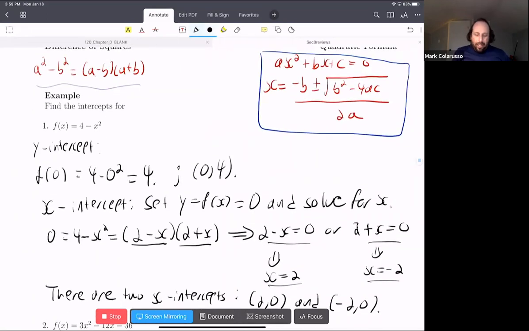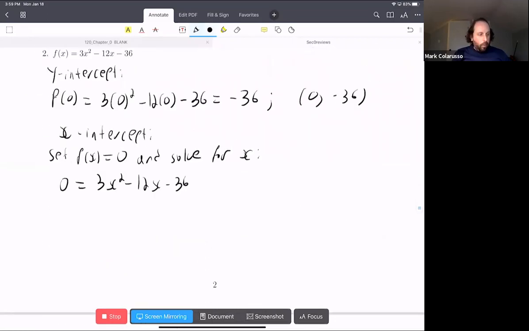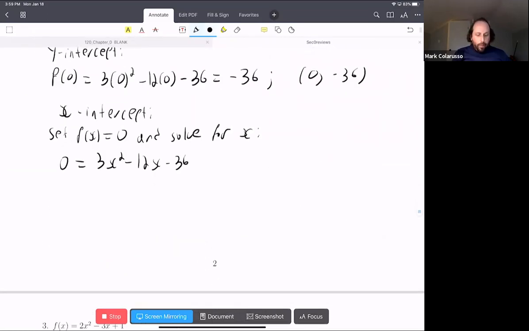But this can be, especially the quantity in the square root, kind of cumbersome to calculate. So I only use the quadratic formula where I absolutely have to, where I can't factor it by sight. And I think this one, we can actually get away with factoring by sight.